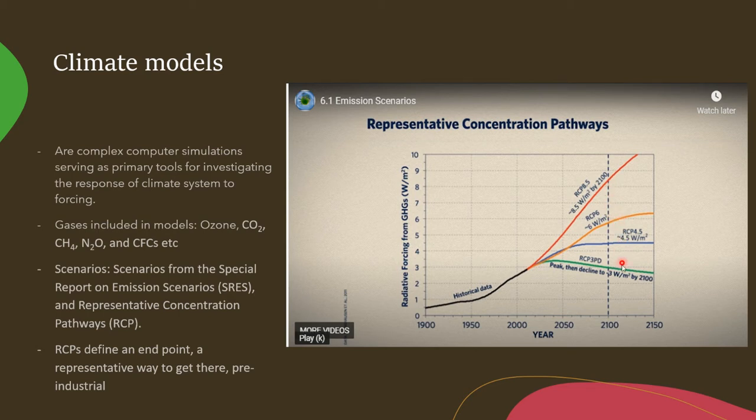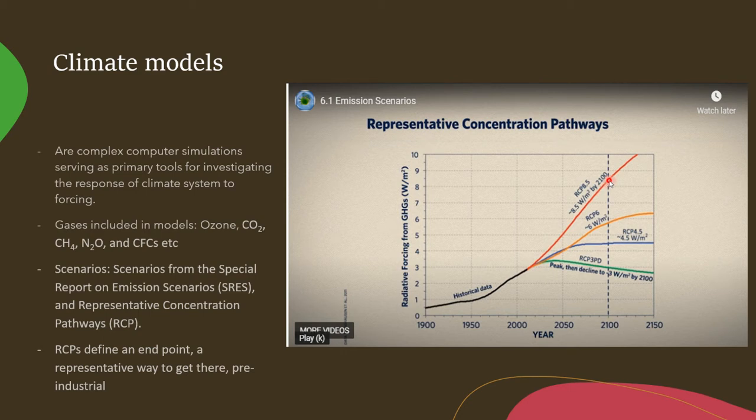What are they? Scientists have assumed that by the end of 2100, this is the 2100 bar, by the end of this century, if we follow this path, this will be the RCP 8.5.